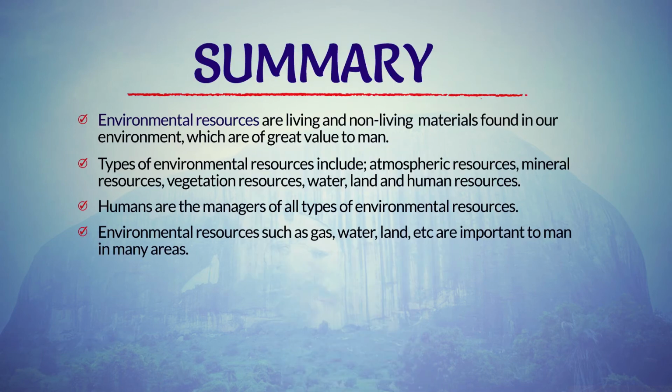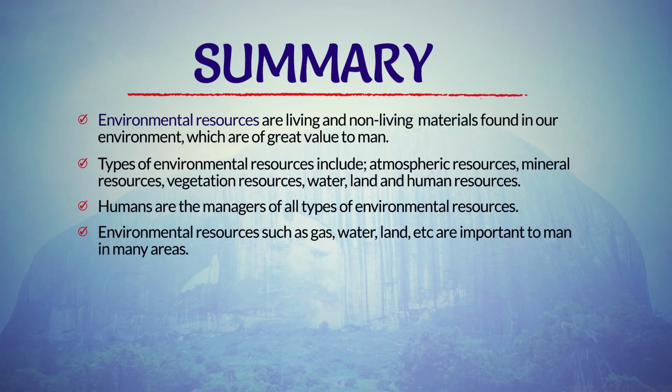We learned that environmental resources are living and non-living materials found in our environment which are of great value to man. We also learned that types of environmental resources include atmospheric resources, mineral resources, vegetation resources, water, land, and human resources.